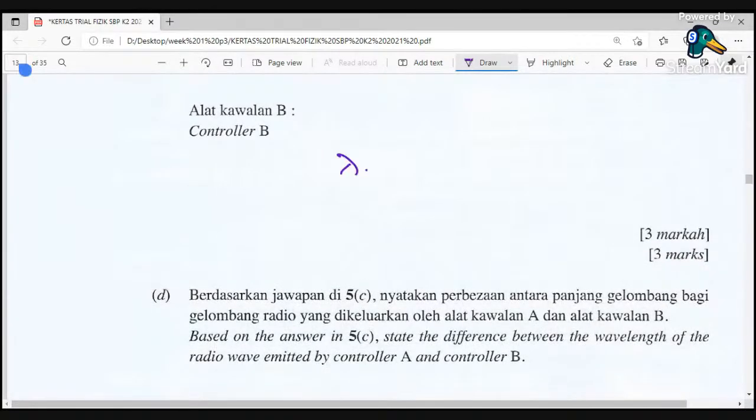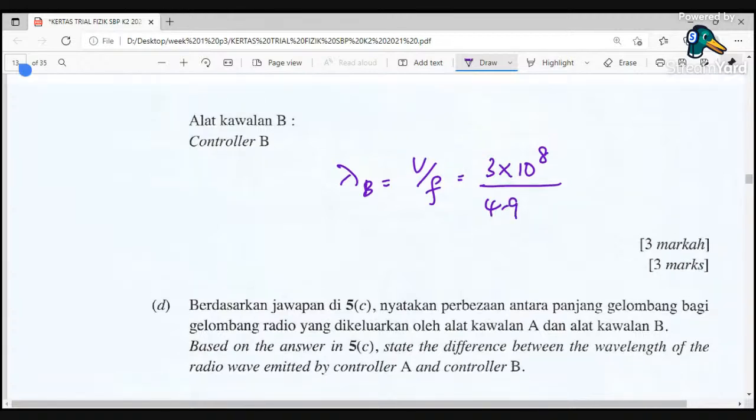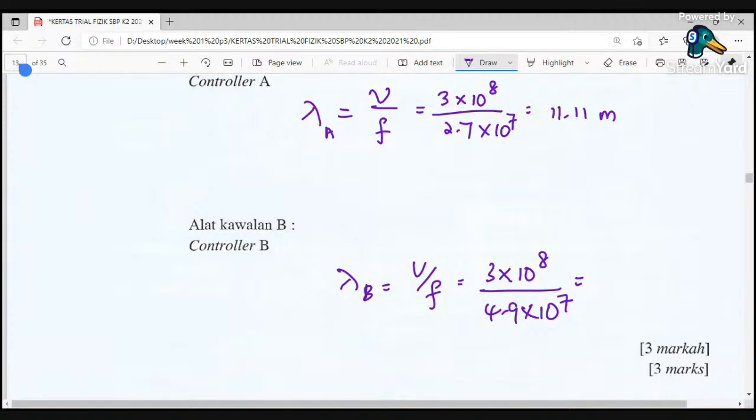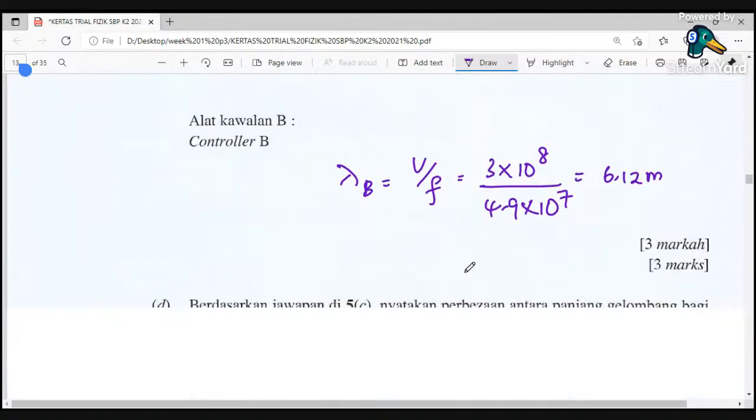And then for B, formula yang sama. So you can see the wavelength for A and B difference.